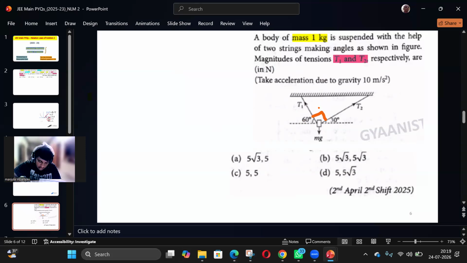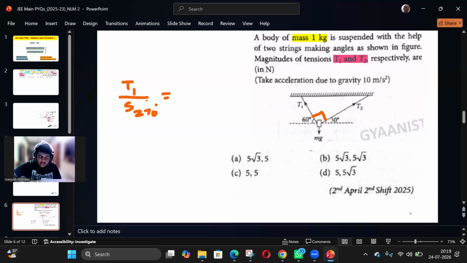Straight is 180, so 90. And this angle is 180. So T1 by the opposite angle, that is sine 270. Sorry, no, 270. T1 by 90 plus 30, it's 120.